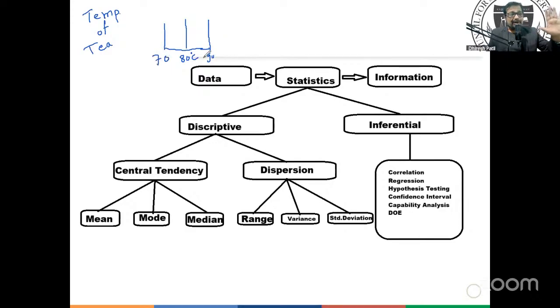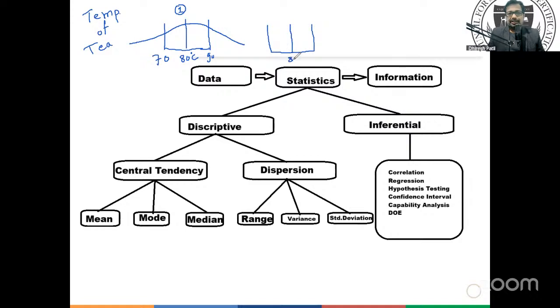So the customer will accept the cup of tea within 70 and 90 degrees centigrade. Below 70 degrees it will be too cold. Above 90 degrees it will be too hot for the customer to consume. Now understand this. This is my process number 1. Let me draw 3 processes for you.